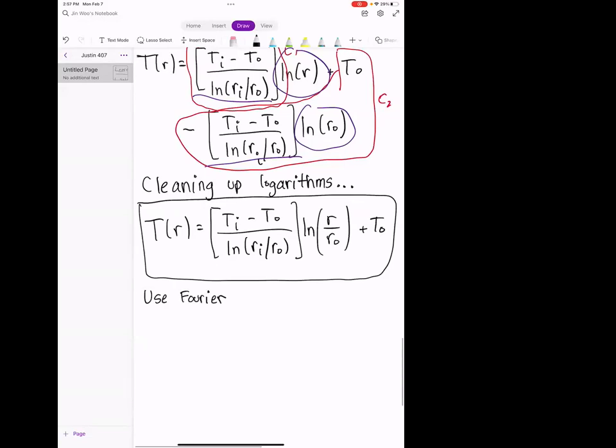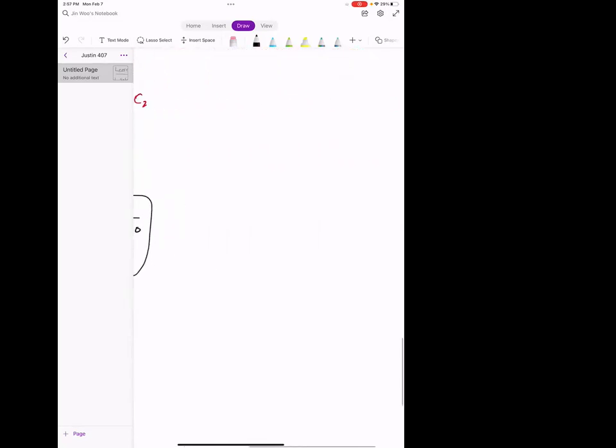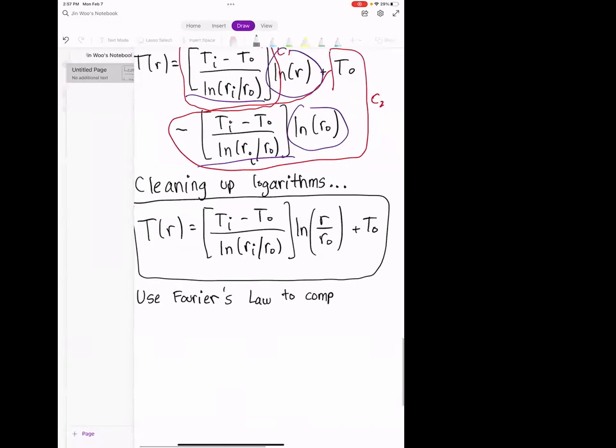Remember, the equation that we use to compute heat transfer rate is Fourier's law.